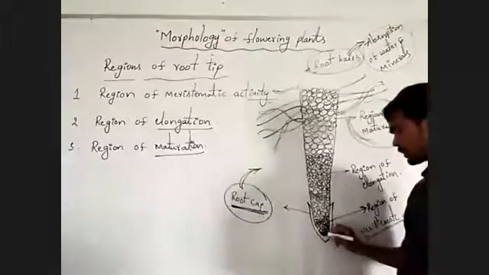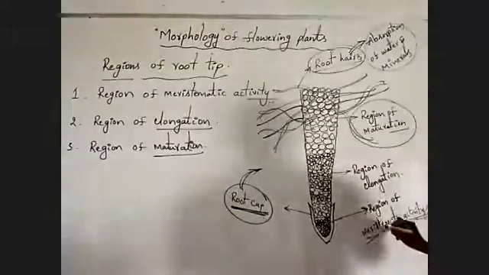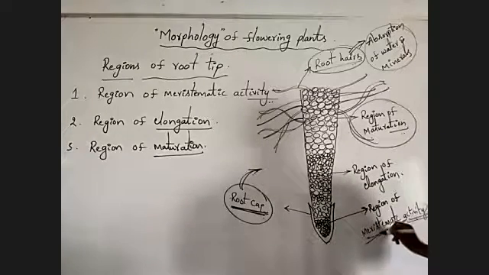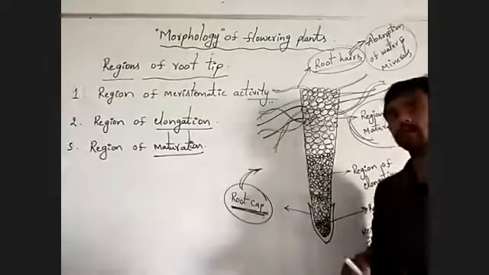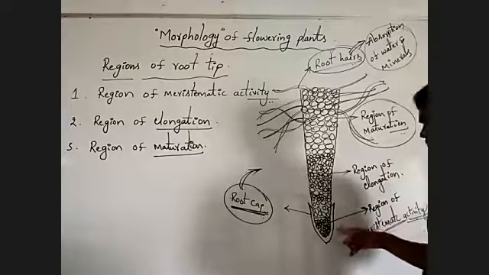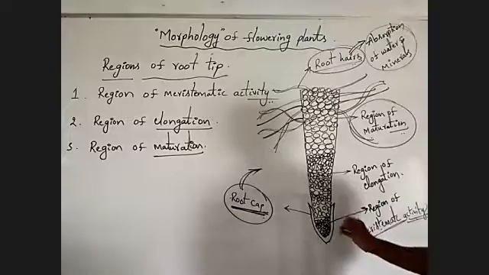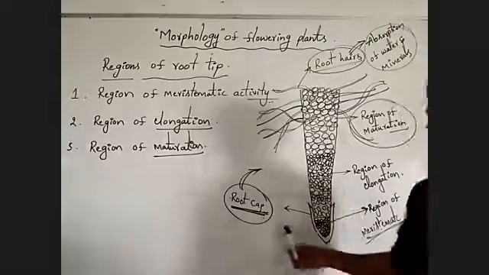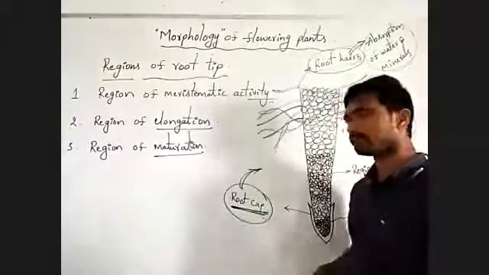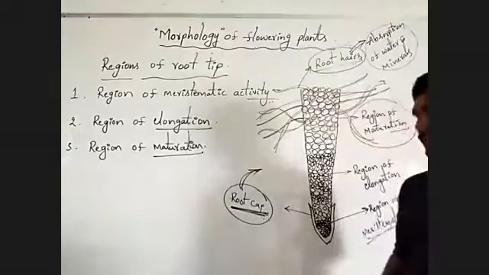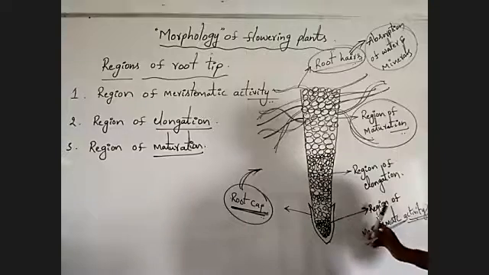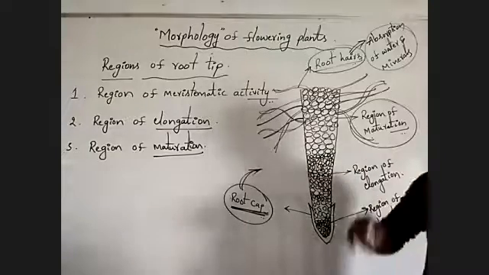The region of the root that has the meristematic tissue is called region of meristematic activity. This region is protected by a cap-like structure called root cap. What is the function of the root cap? It protects the slender, weak, soft tip of the root.